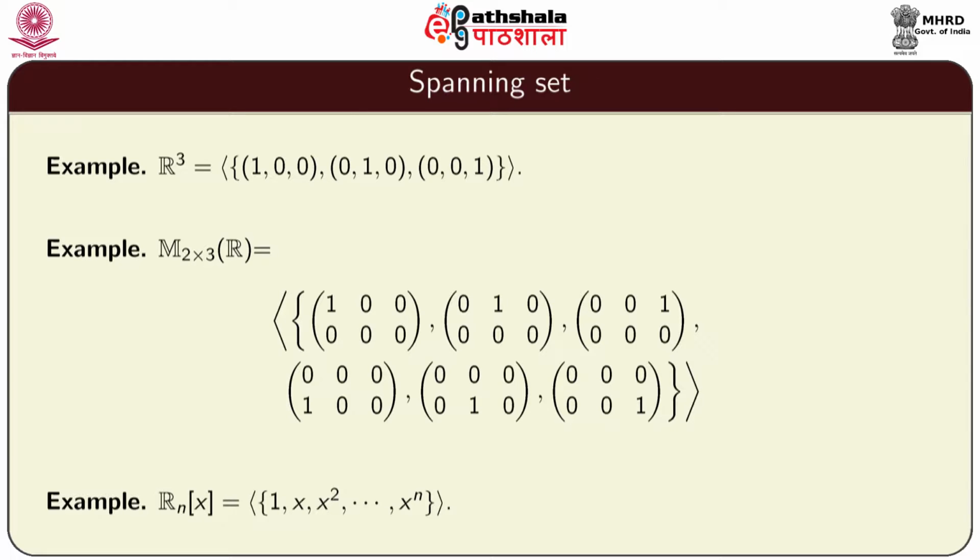Again, we have a very special subset, namely the set containing these 6 matrices, and you can see that these matrices have only entries 0 or 1, and the speciality is that the position of 1 is changing for each one of these and the other places are being filled with zeros.